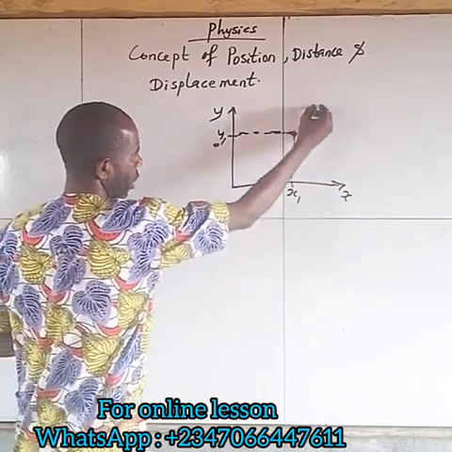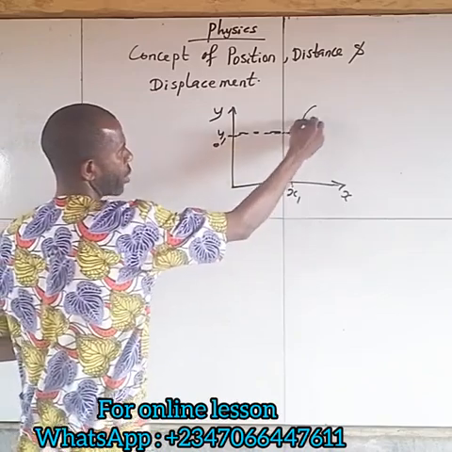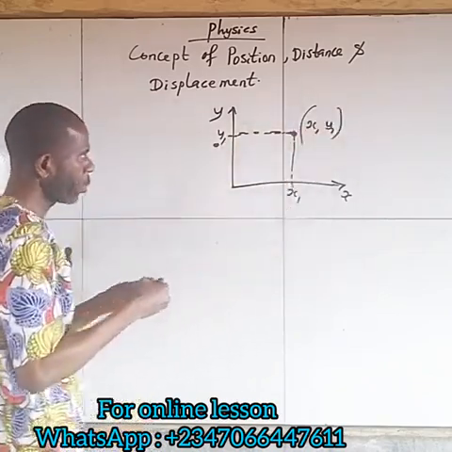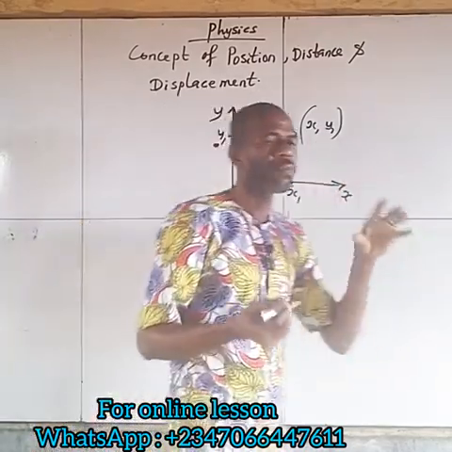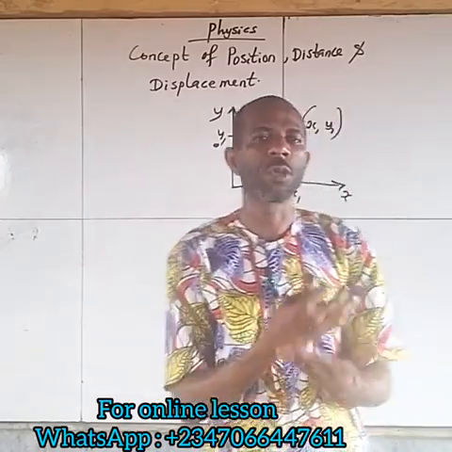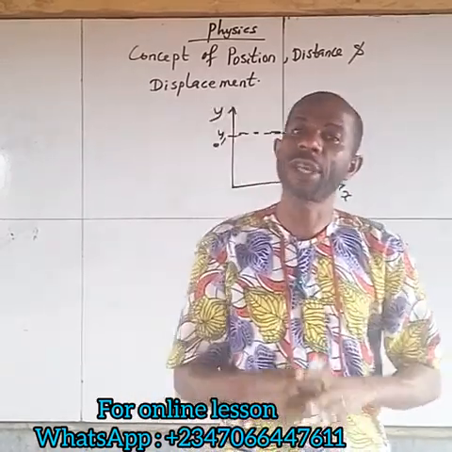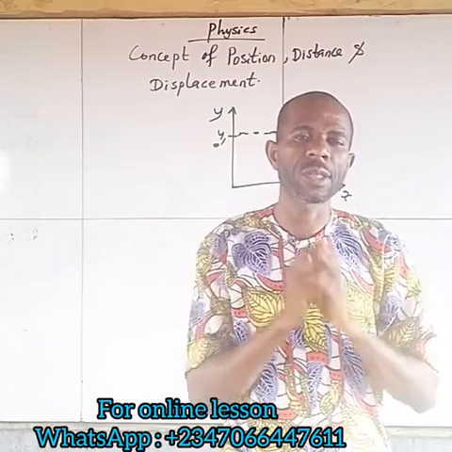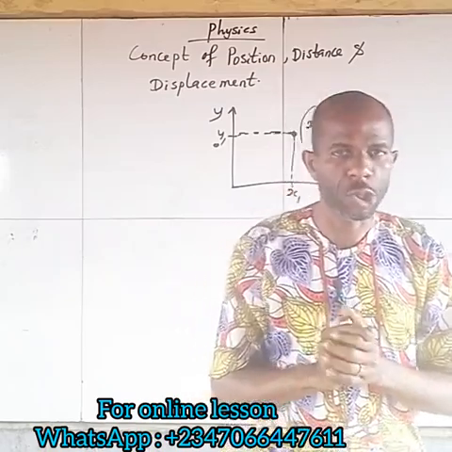So at this position, where this object is located, is x1, y1. So simply put, it is a point on the plane where an object can be located or found. That is the easiest and the simplest definition of position.